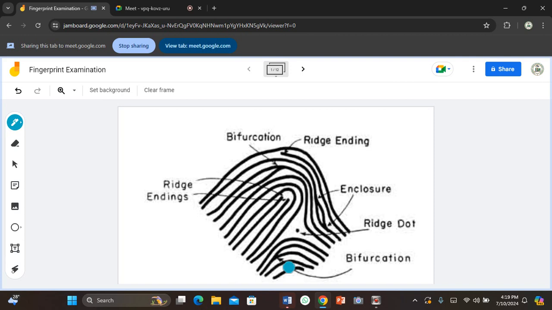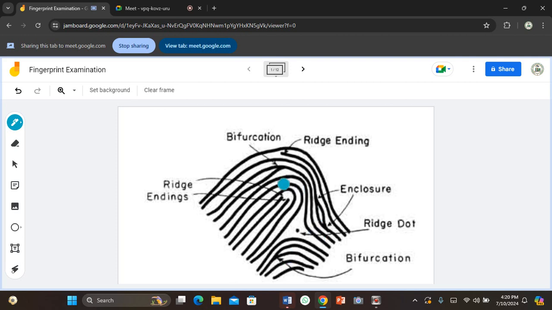There are cases where the print that is brought to you may not be a complete print. That is, a part of it has been mutilated. In that case, something like your delta, the core may not be visible there. Or probably during the time they were lifting the print from the crime scene, that part of the delta and core and the ridge count between them is blurry, so you can't see very well.